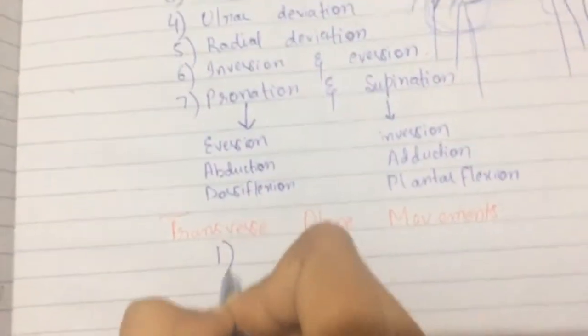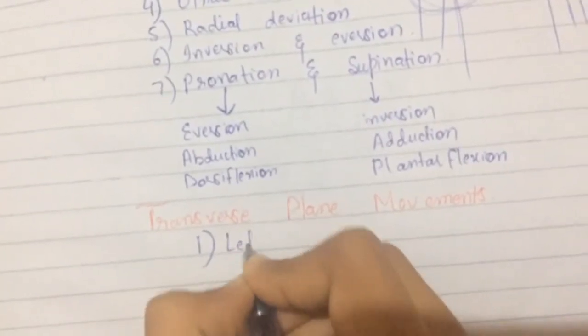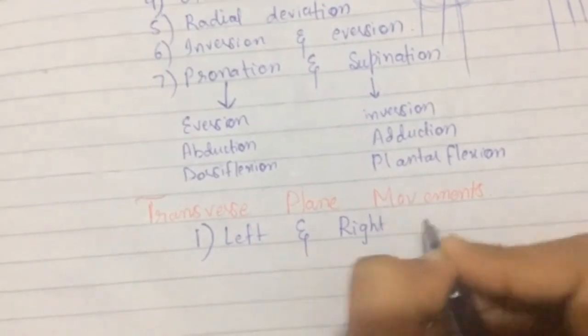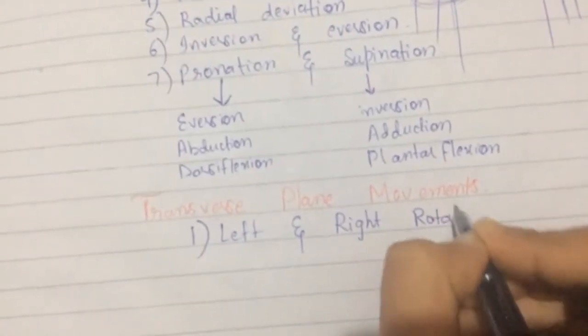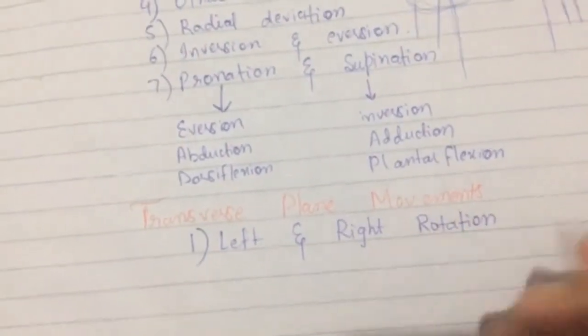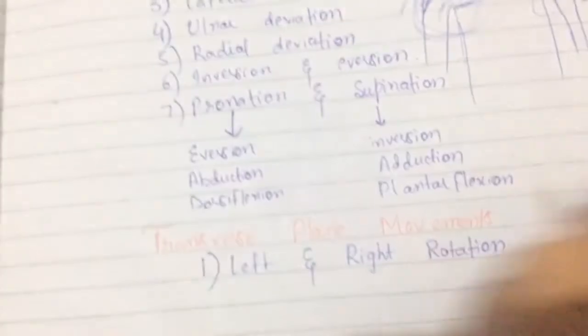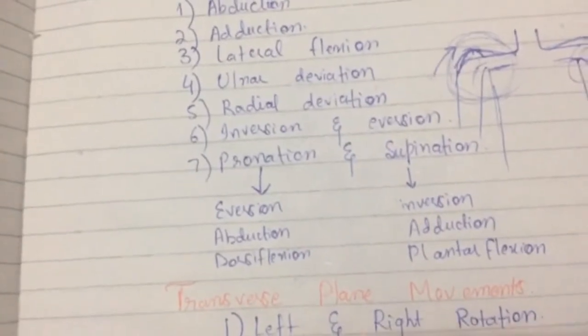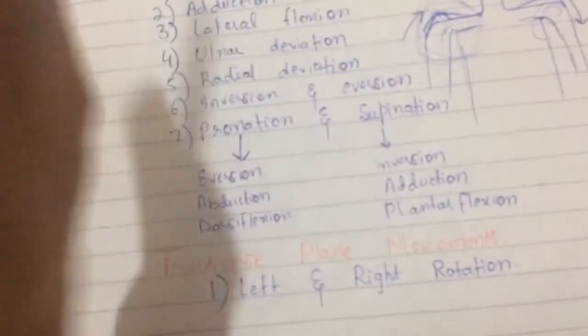These include basically left and right rotation. This is the rotation present in the head, neck, and trunk, because when we look to the right and when we look to the left, that causes rotation of the head and neck, and it is the same for the trunk.